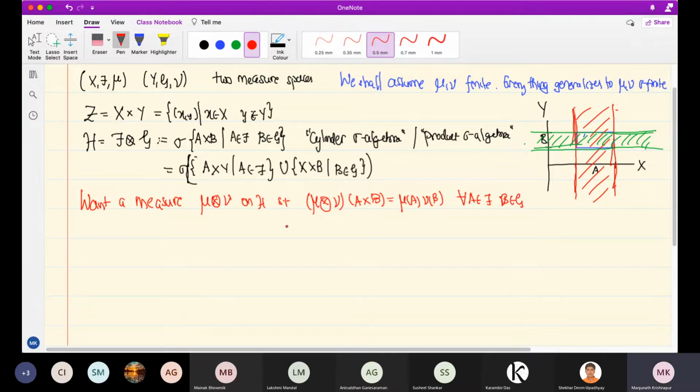So if it exists, does it exist? Is it unique? If yes, we call it the product measure.